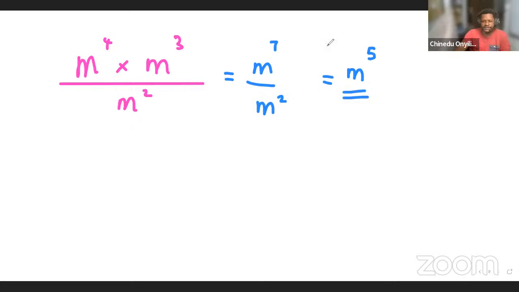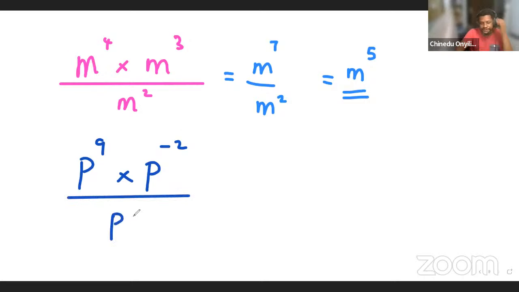Similarly, you could have a slightly more complicated one, because you have the minus. You could have p to the power of 9 times p to the power of minus 2, and you're going to divide that by p to the power of 4. To simplify this, start with the top. You have the same base, take one p. Because you're multiplying, you add 9 plus minus 2. That's where I really want to get your attention.